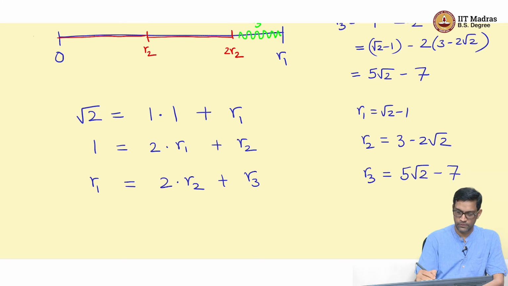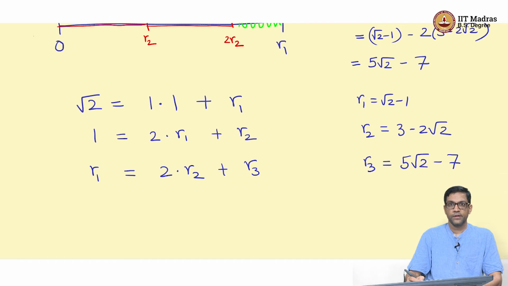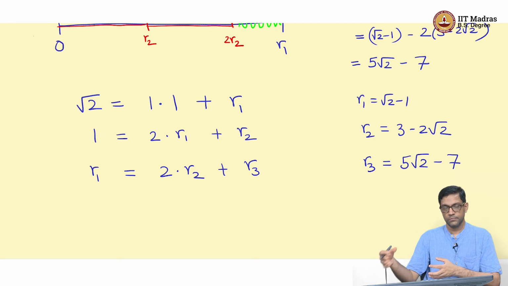So firstly, what is it that we are doing? If you observe, at every step it will divide exactly twice and leave you with some remainder. What's going to happen at every step, as we'll soon see, is that when you divide the remainder Rn by the next remainder Rn plus 1, you'll always get a quotient of 2 and some new remainder.